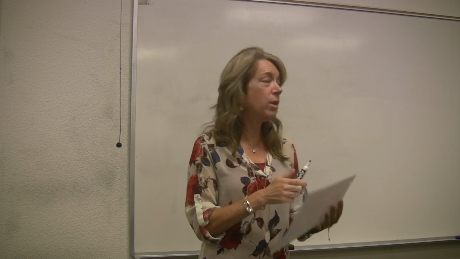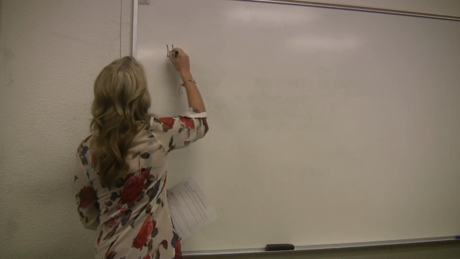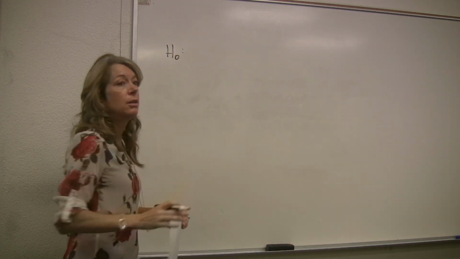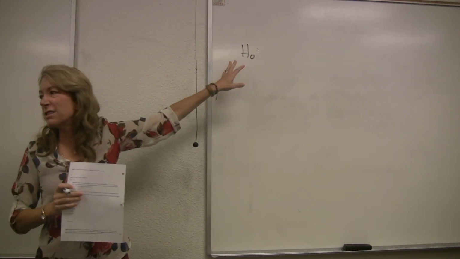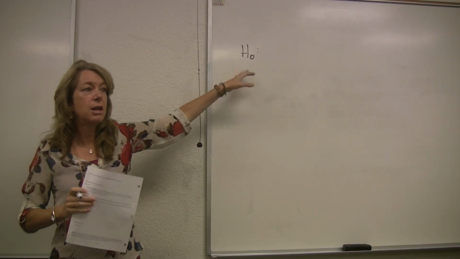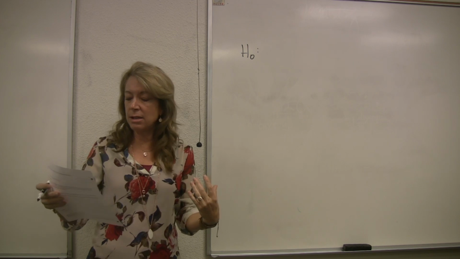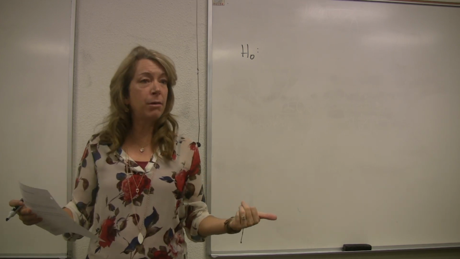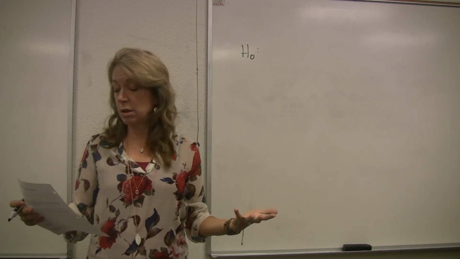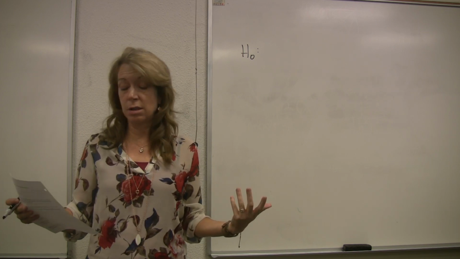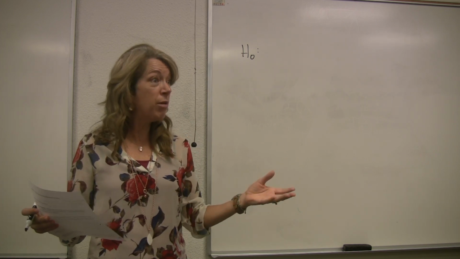We call one of them the null hypothesis, with an H0. Sometimes you see that H sub 0, you'll hear someone call it H naught. H0 is the null hypothesis, and it's a statement about a parameter. What are parameters? It could be a probability.